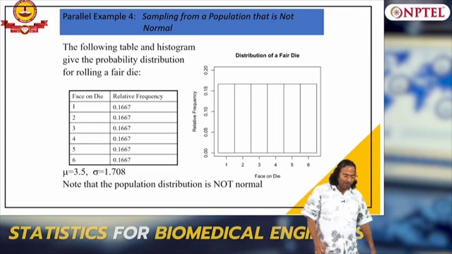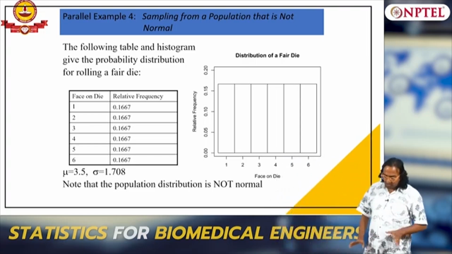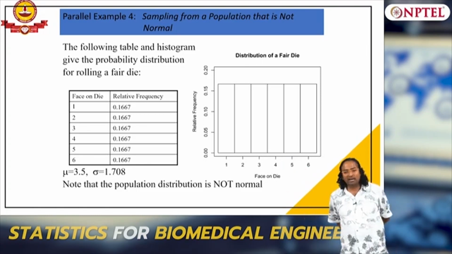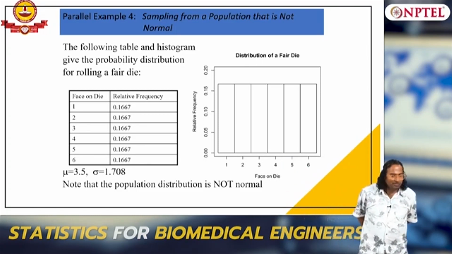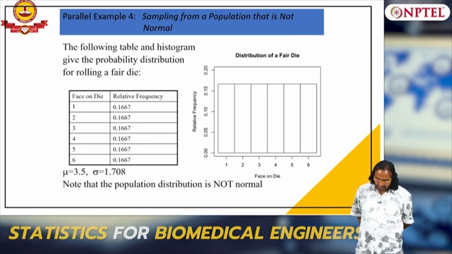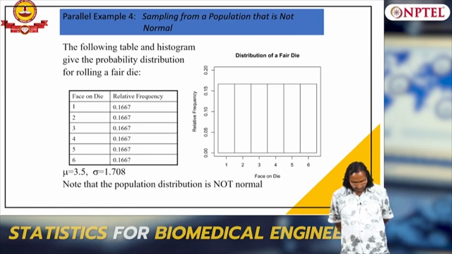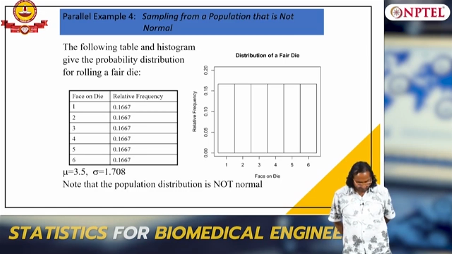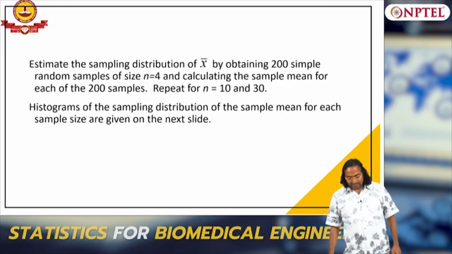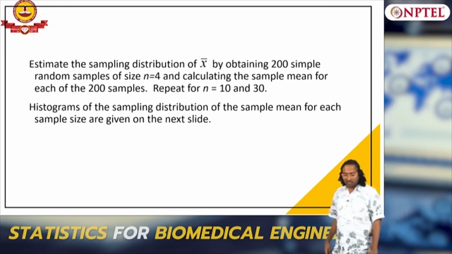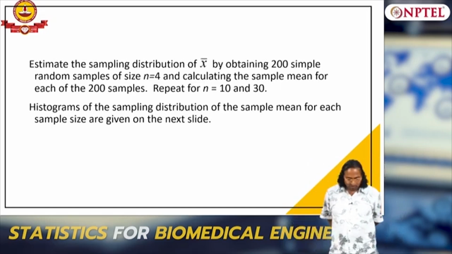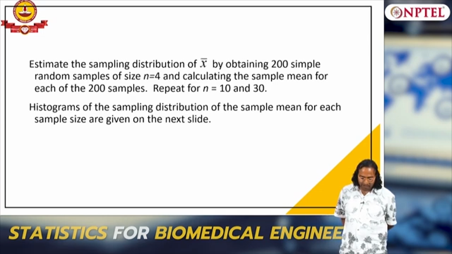The following table gives the probability distribution for rolling a fair die. You are talking about rolling a die. What is the underlying distribution? Uniform distribution. All of them have the same probabilities. You have the mean and variance, 3.5 and 1.708. Now estimate the sampling distribution of x bar by obtaining 200 random samples of n equals 4 and calculating the sample mean for each of the 200 samples.